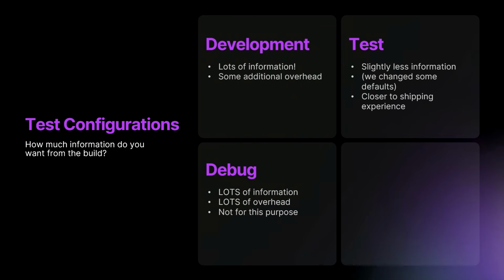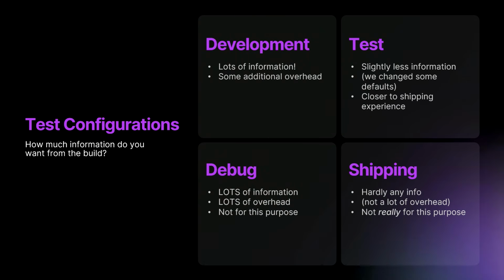There's the debug configuration. This is not for us. This is not for our purposes. Don't worry about that. And then the shipping configuration, you get hardly any information because there's no overhead. But it's not really for this purpose, because we do need more of the information for giving us more of the numbers, right? But shipping is like the thing that you send out to your customers.